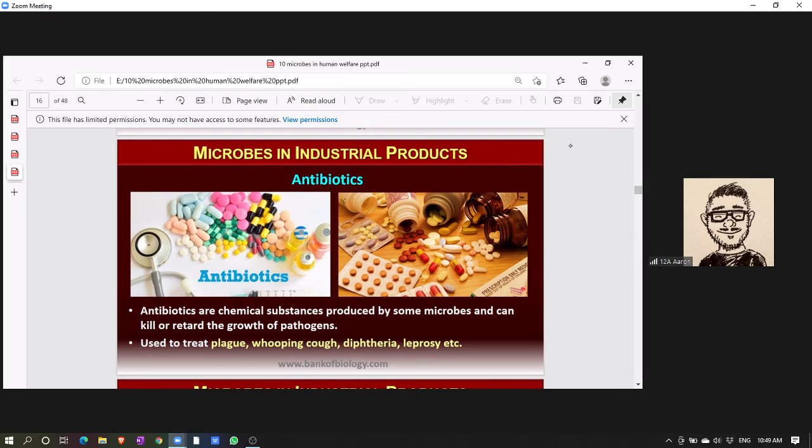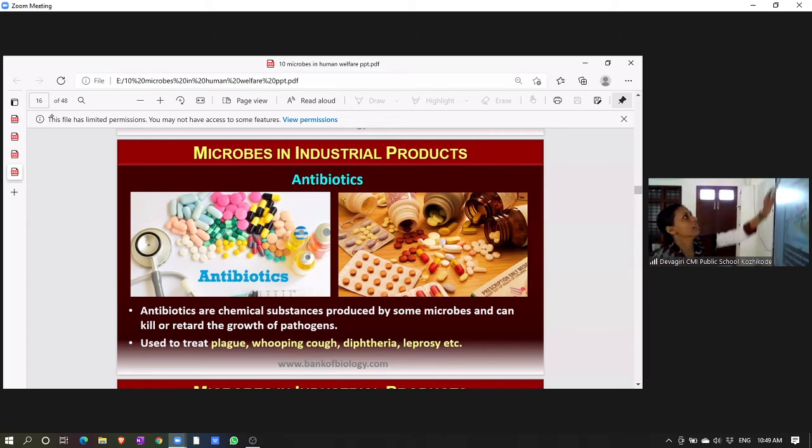Miss, antibiotics are chemical substances which are produced by some microbes and can kill or retard the growth of other disease-causing microbes. Oh, okay. Adi Jaydeep. Yes, miss. Just give me the definition for antibiotics.